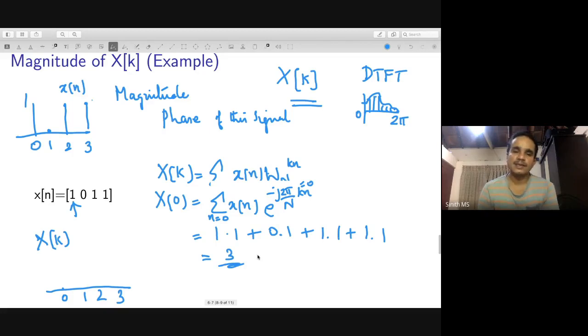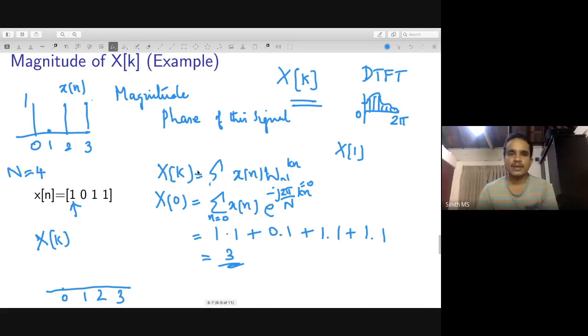Similarly, you can find, say, X[1]. How will you find X[1]? Okay, before that, what is capital N? Capital N is 4 here, right? You have points 0 to N minus 1, that is 0 to 3. So if you are taking a 4-point DFT for this, you have capital N equal to 4.